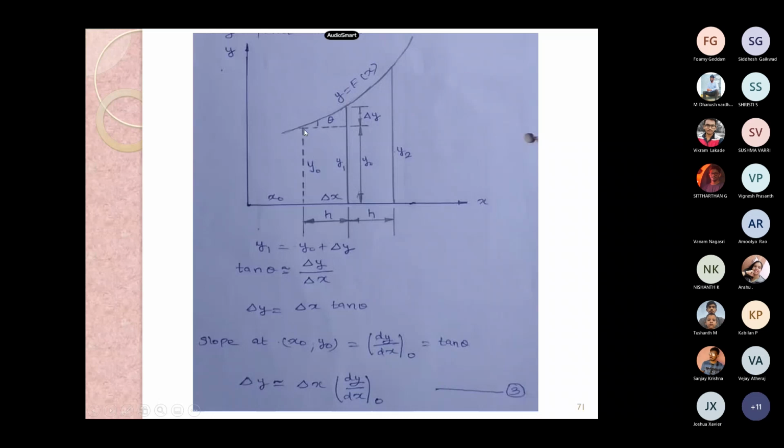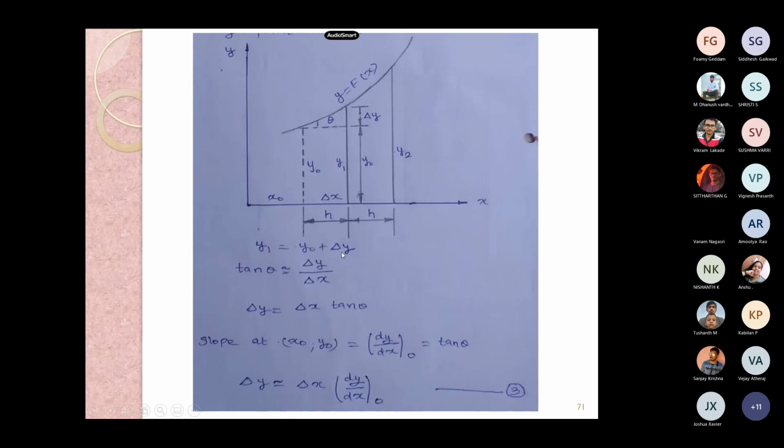The vertical point which meets the curve is y naught, and concerning y1, this is delta y. So my y1 is equal to y naught plus delta y.